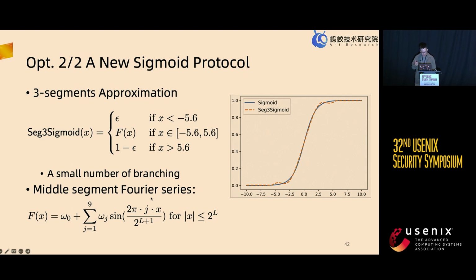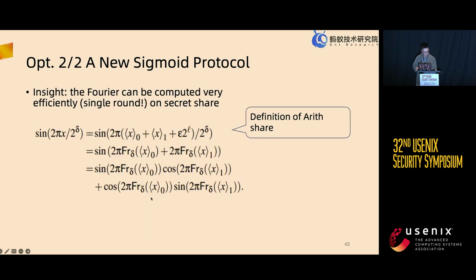It may seem very hard to compute, but we find that for secret sharing, it has a very nice property to compute even within a single round. If we write down the scaled sine function, the first line is just the definition of arithmetic share. The second line is absorbed by the periodic property of the sine function.